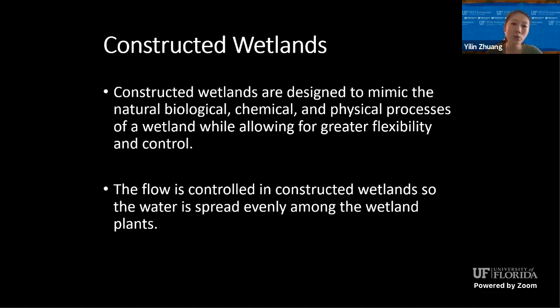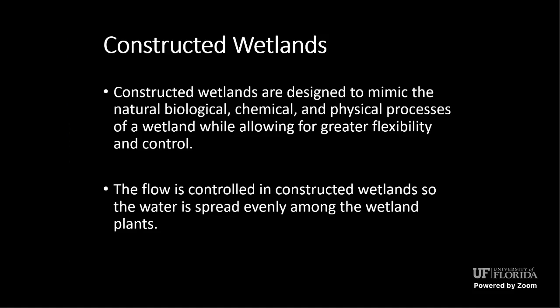In a constructed wetland, the flow is controlled, so the water is spread evenly among wetland plants. In natural wetlands, 90% of the water may flow through small channels. Controlling the flow allows the natural processes to occur and clean the wastewater more efficiently.